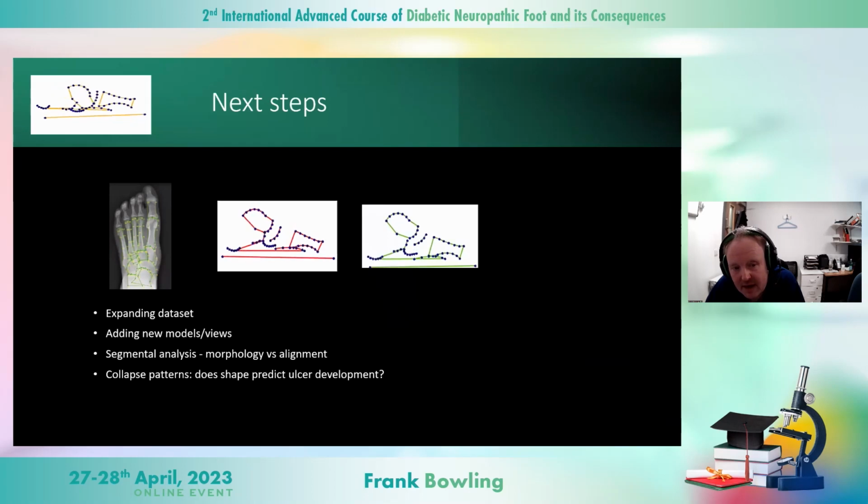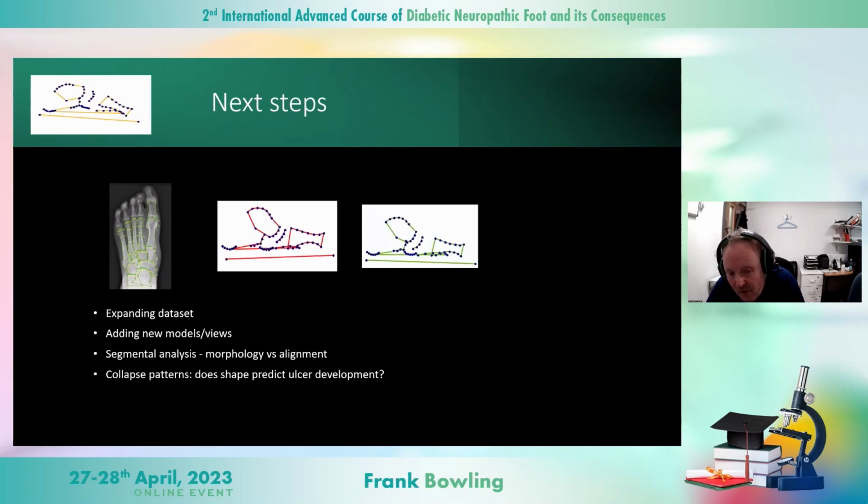So what are our next steps? From what we see, that's expanding our data set, as I've already mentioned, adding new models and views. So maybe looking at the hindfoot, i.e. the ankle, and the digital region. More on the segmental analysis, the morphology versus the alignment, and the collapsing patterns.